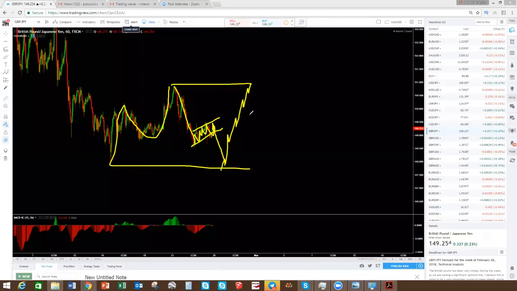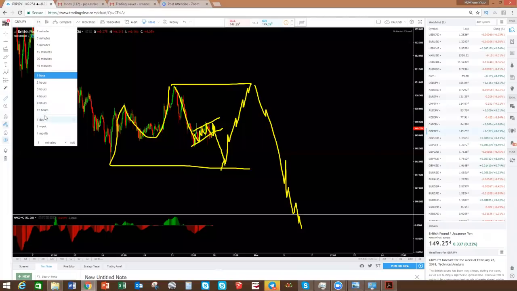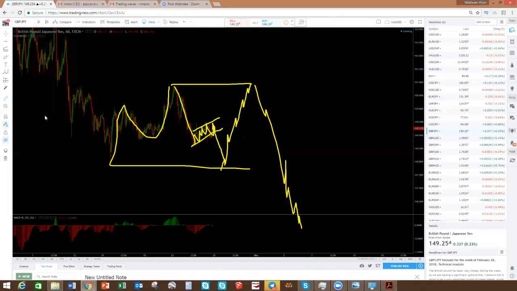But that will only come to that level. If it does come to that level, you've got a 3-3 impulse, and then your down move will start. Okay, so that's what we're looking at on pound JPY. If I just go to the daily time frame, see it clearly.